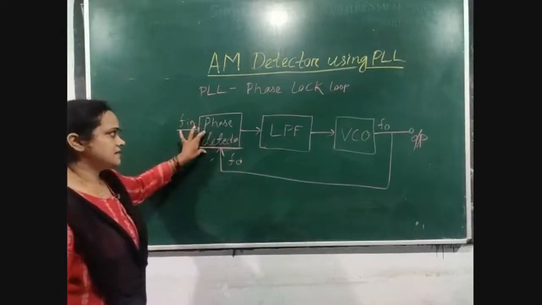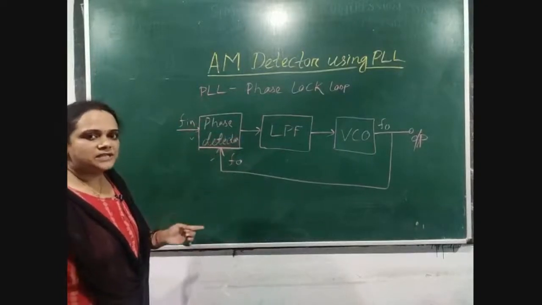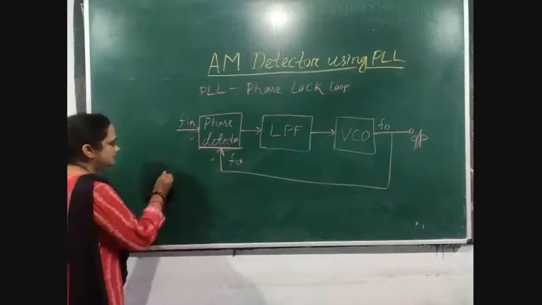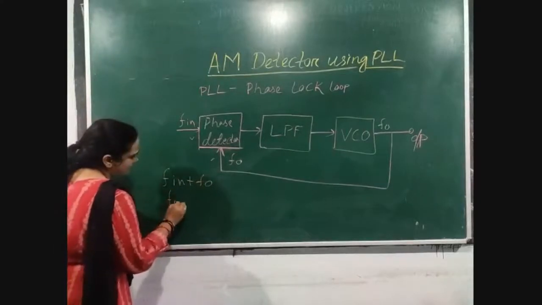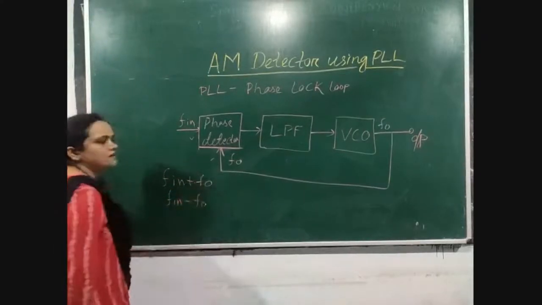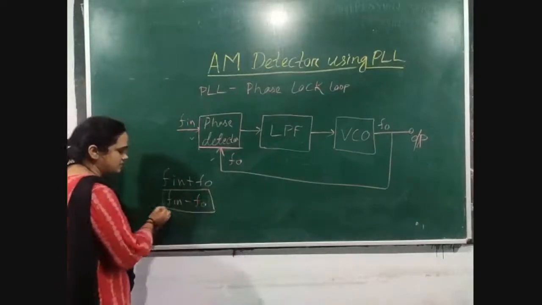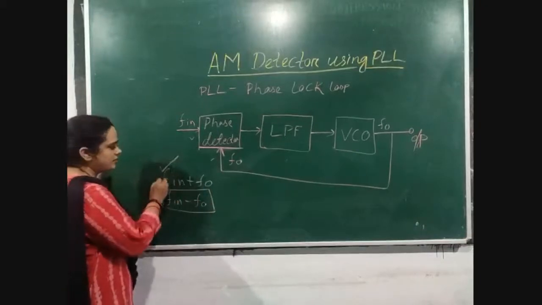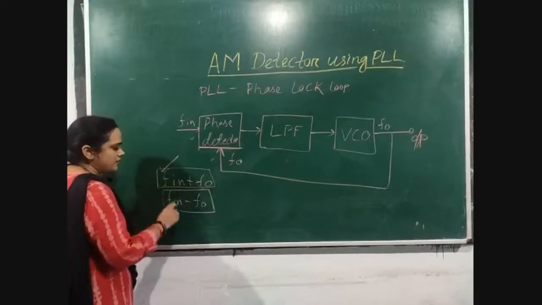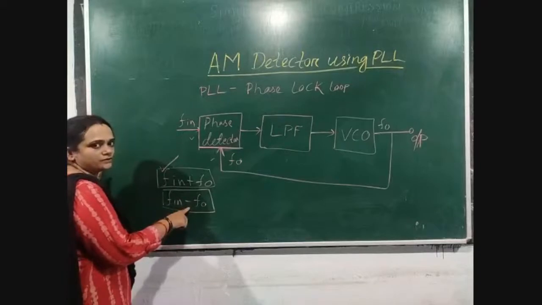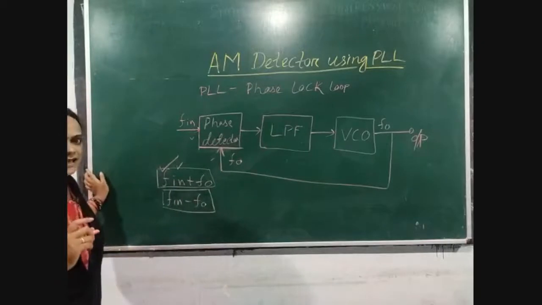So phase detector at the output gives two signals, a sum signal and a difference signal, means Fin plus F0 is the sum signal, Fin minus F0 is the difference signal. But we only consider the Fin minus F0. Fin plus F0 is a high frequency component and Fin minus F0 is a low frequency component, and this high frequency component is undesirable here.